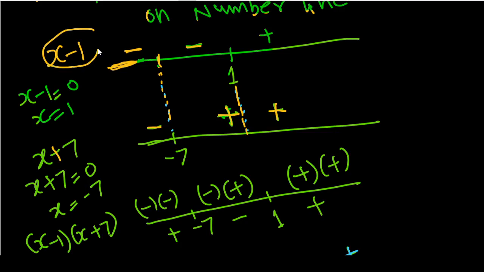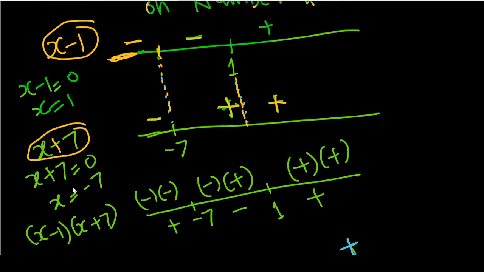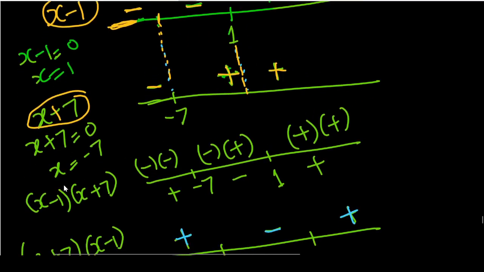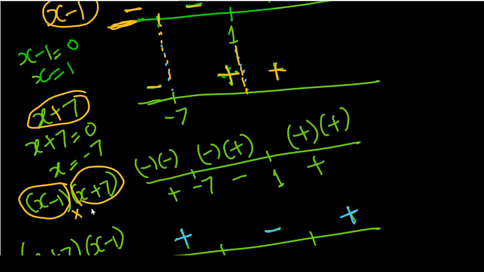So we plotted these two linear factors, x minus 1 and x plus 7, separately on the number line, and then multiplied both of them. Then what happened is the multiplication of the signs of the two linear factors: here it was minus, here it was minus, so minus into minus gave plus.